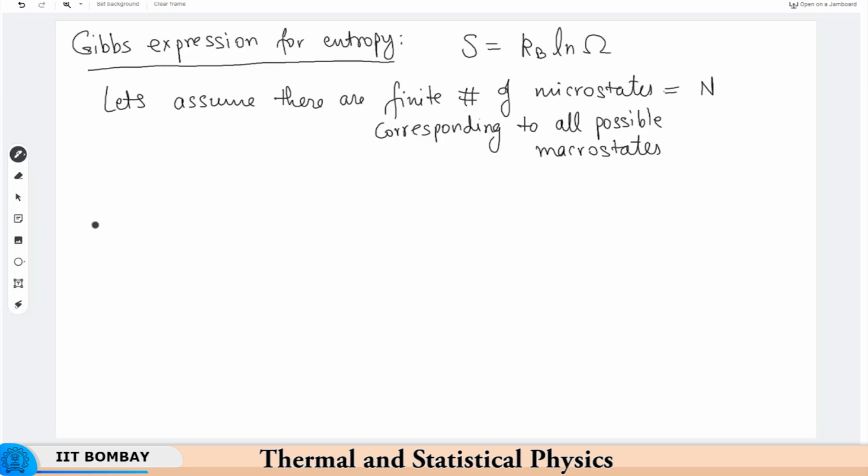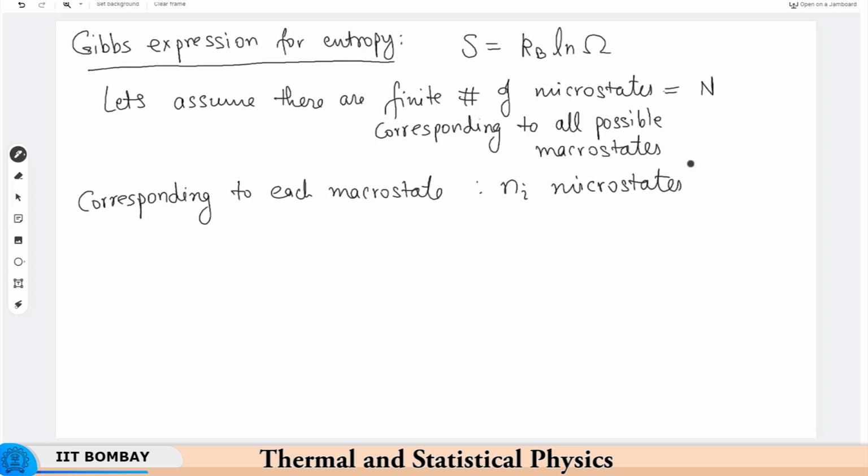Corresponding to each macrostate there are ni microstates.